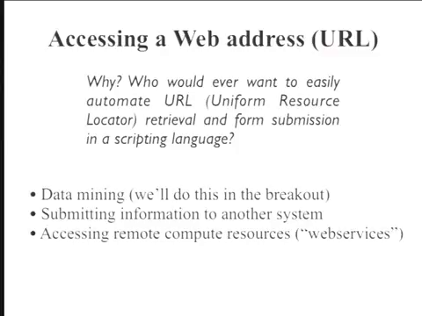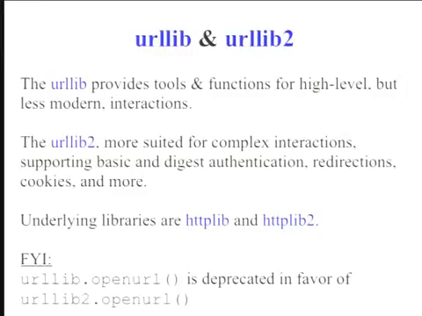OK. So here I'm going to start talking about the nitty-gritties of the modules that we're going to be using early on. They are essentially the built-in urllib and urllib2, which are the libraries for URL access. urllib is kind of like the earlier one.